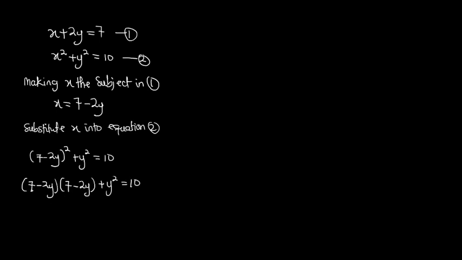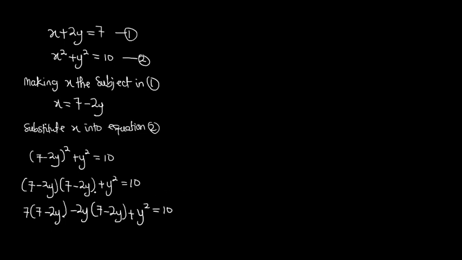I can now use the content over here to multiply the content over here. I use the 7 first, 7 into the bracket 7 minus 2y. Then I use the second term, minus 2y, to multiply 7 minus 2y again, plus y squared is equal to 10.